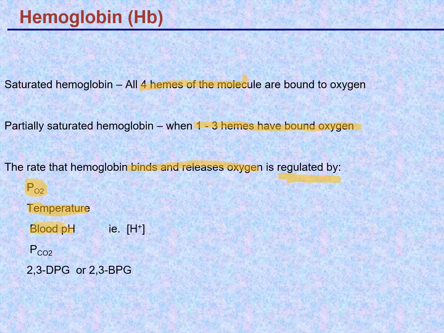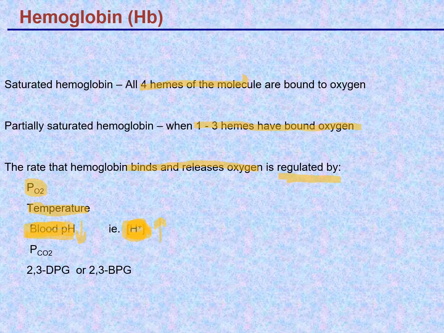In other words, the concentration. pH is determined by the concentration of hydrogen ions. And in the next few slides, I'll talk about concentration of hydrogen ions as opposed to pH for reasons to simplify things. But you should always realize that as the concentration of hydrogen ions goes up, the square brackets around this H plus indicate concentration, you should realize that as the hydrogen ion concentration rises, blood pH, of course, goes down.